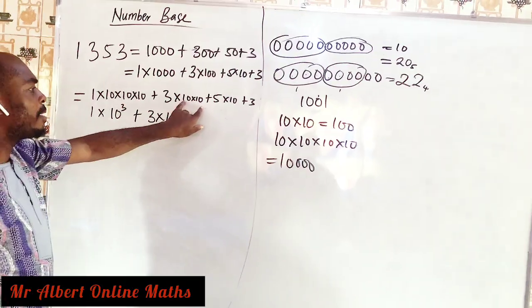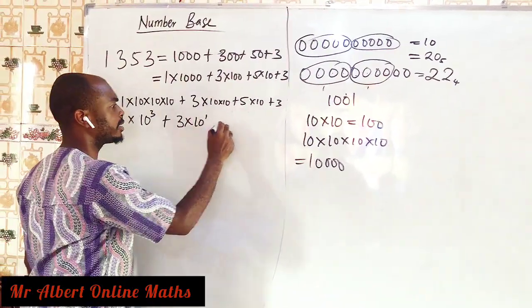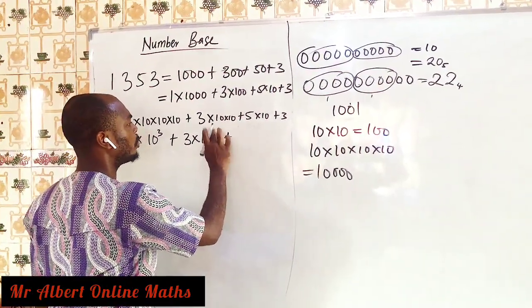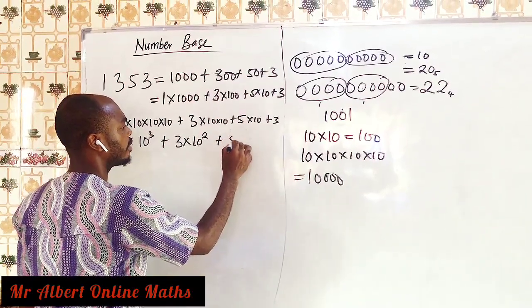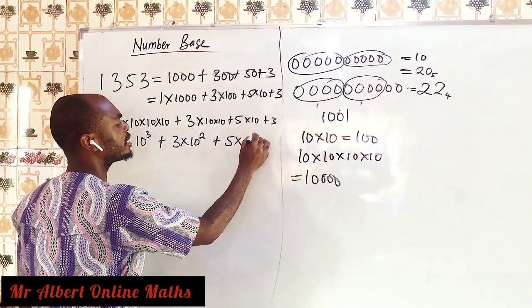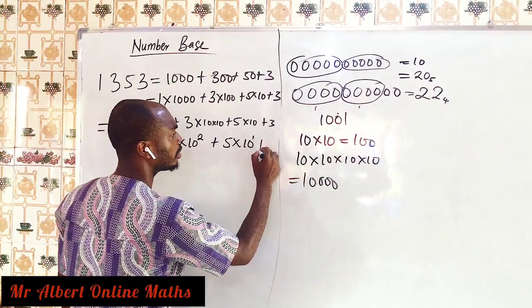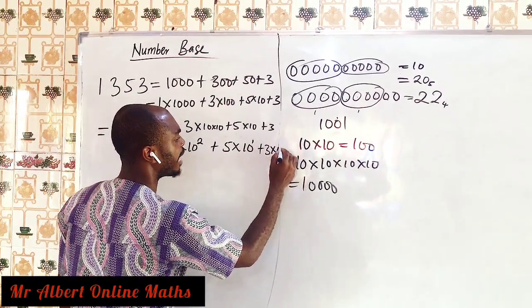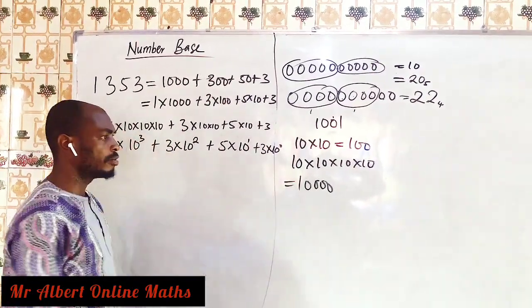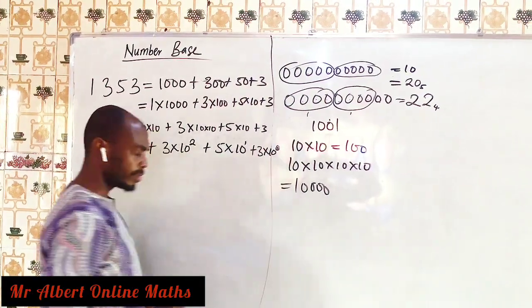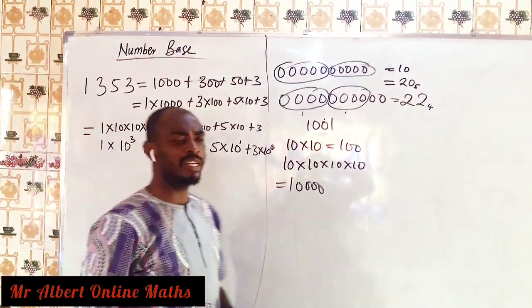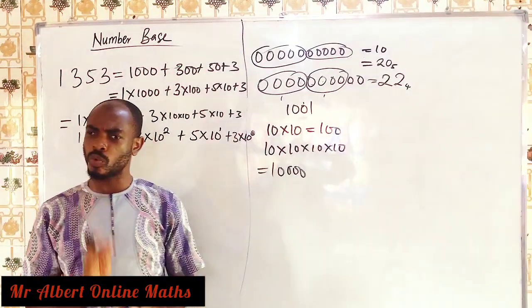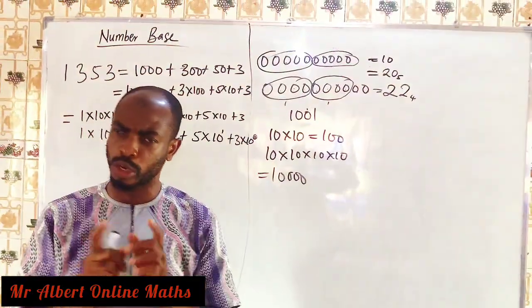Then 10 is multiplied by itself in 2 places, 10 appears just 1 place, and 10 appears no place. Remember, no place is just 0. Now we'll talk about this. Any number raised to the power of 0 is 1, provided that number is not 0.